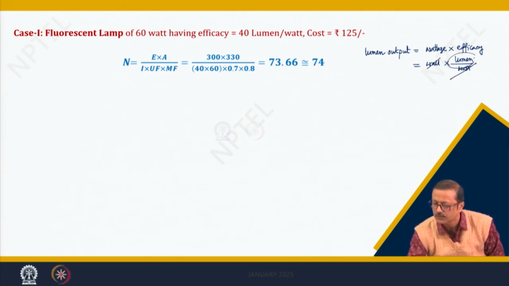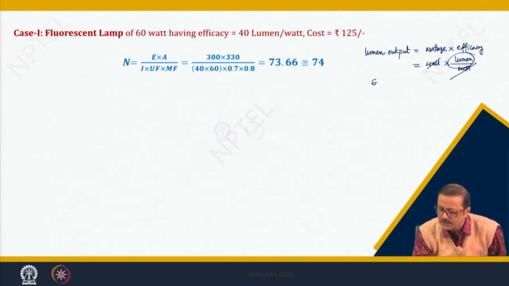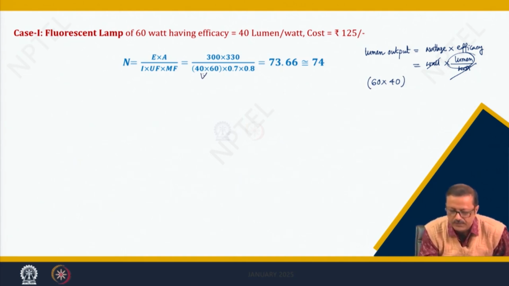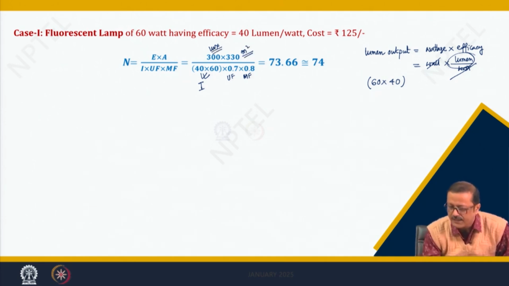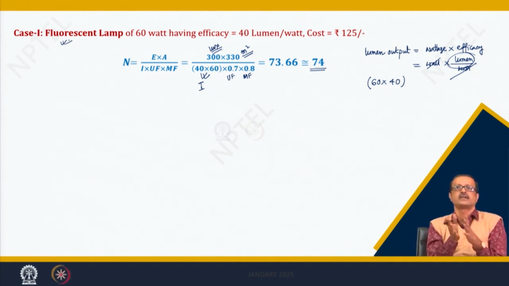Okay, so you will get a total lumen value. In this case my lumen output will be 60 watt into 40. So, this is the lumen output, which is given as I, and this is your UF, this is the maintenance factor, this is your lux level, and this is the meter square of the area, right. So, based on that I got 74 fluorescent lamps have to be placed, otherwise you won't get 300 lux. Okay. So, that is number 1.